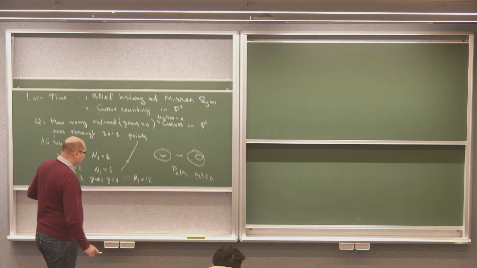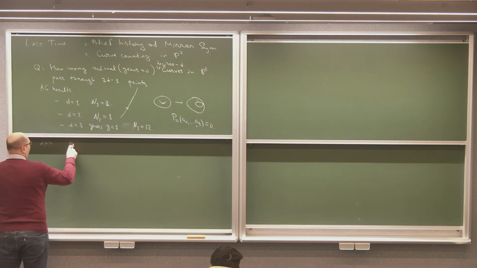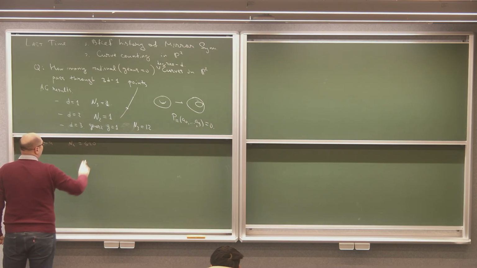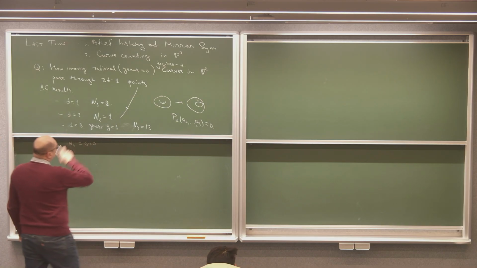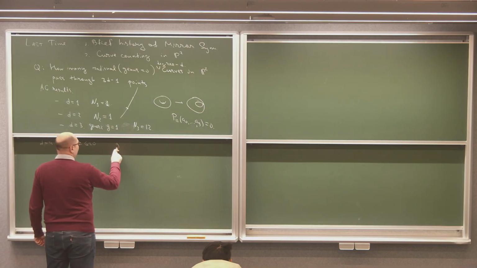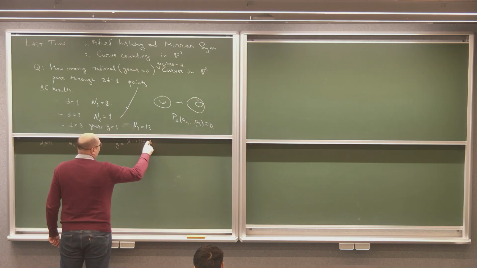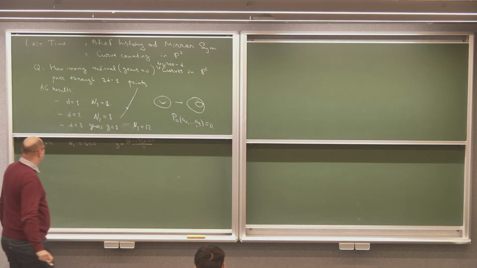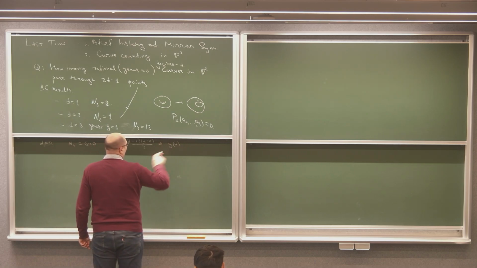The next number, for d equals 4, N4, is 620. A generic curve of degree d has genus (d minus 1)(d minus 2) over 2. Substituting d equals 4 gives genus 3 for a degree 4 curve.